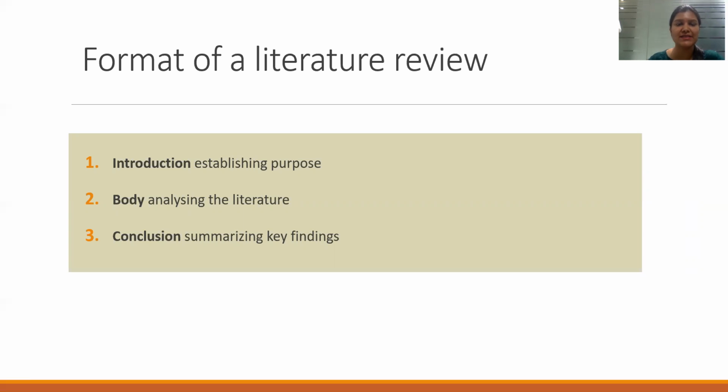After that, you condense it into an abstract. Now the abstract can also be of two types, structured or unstructured. When you submit your literature review to a journal, you should check the requirements of that particular journal, whether they want a structured abstract or an unstructured abstract. According to that, you can format your abstract.